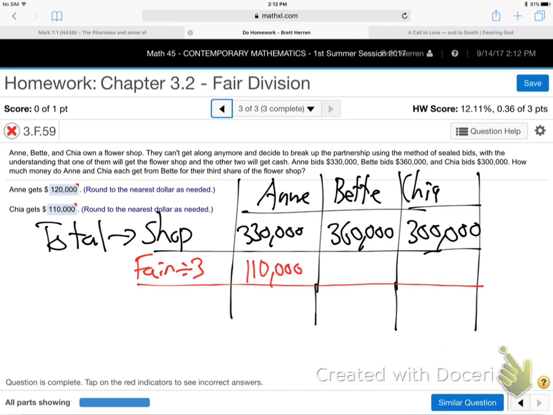So I can do that, I think. Okay, let me let you finish it from there. So there's the fair share. You can finish it up. I'm glad to help. I wandered around. Give me a minute so you can finish it up.